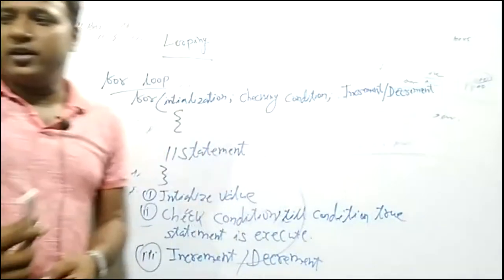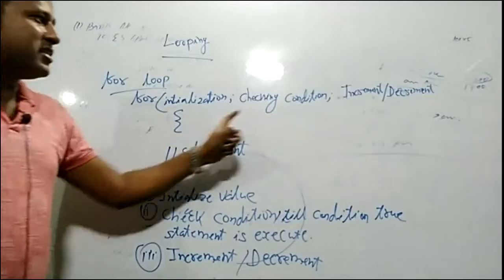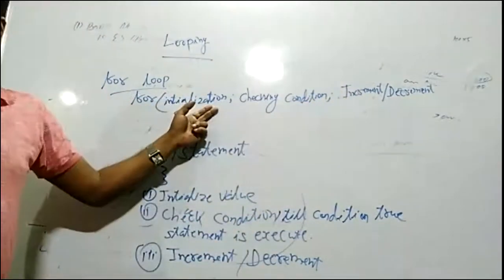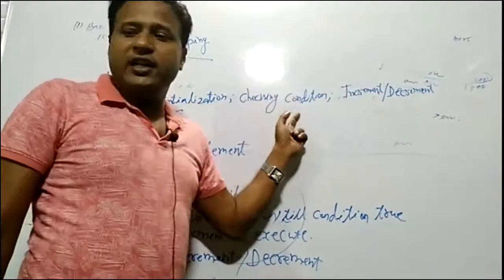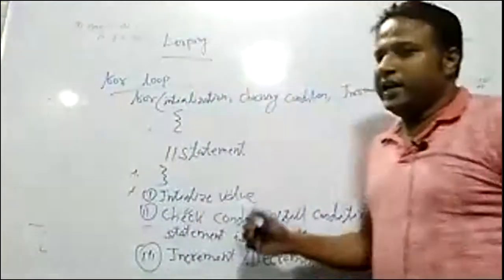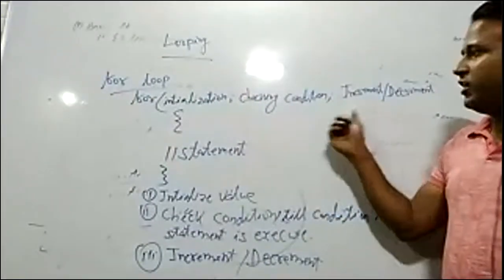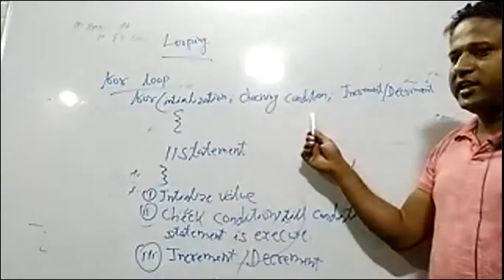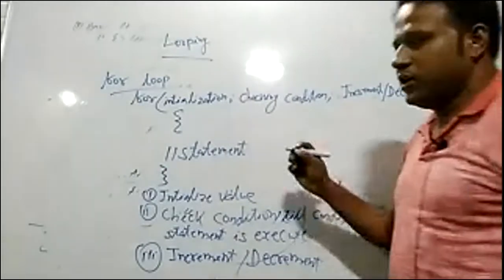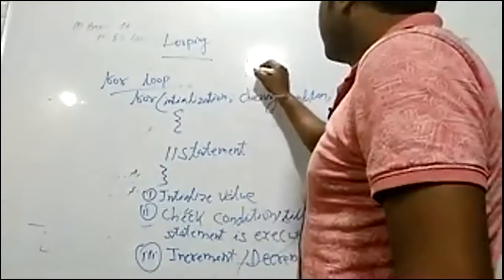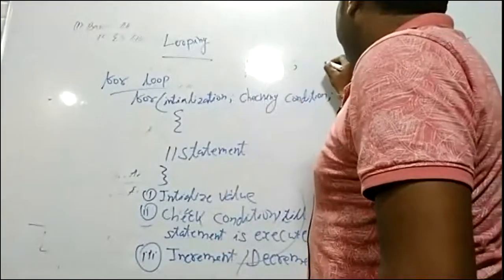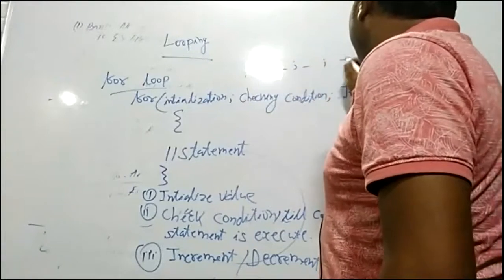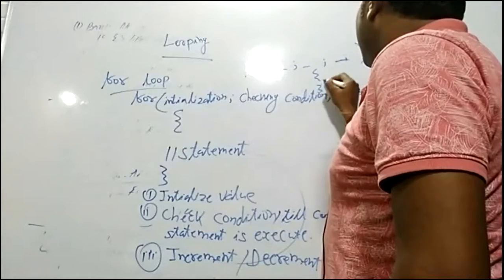So there is a question: if you make these 3 parts empty, मैं अगर यहां पर इनिशियलाइजेशन नहीं करता हूं, चेकिंग कंडीशन नहीं करता हूं, फिर इंक्रीमेंट डिक्रीमेंट भी नहीं करता हूं, if I do not perform any kind of initialization here, checking condition here and decrement here. So if I write simply for with 3 parts empty, then what does it perform?